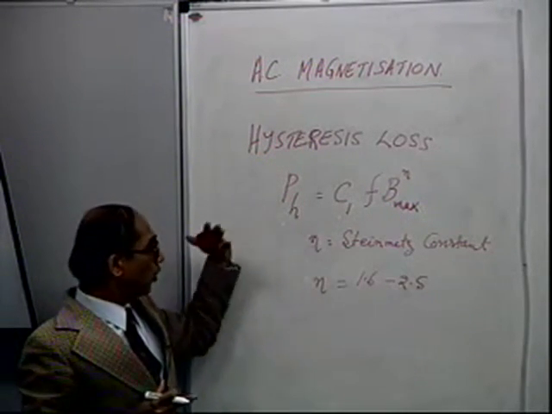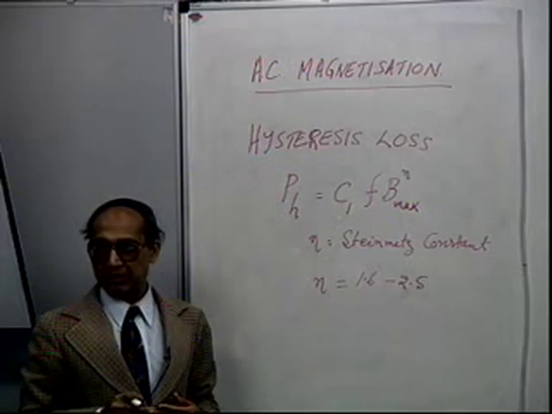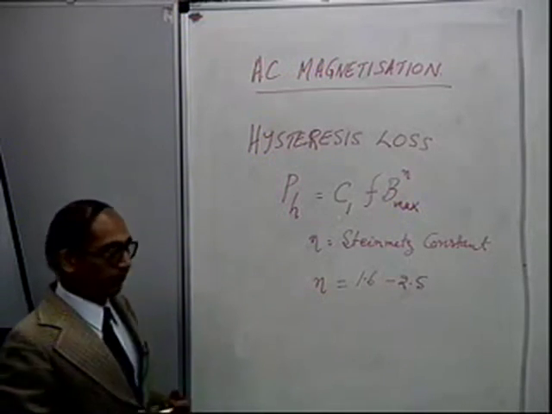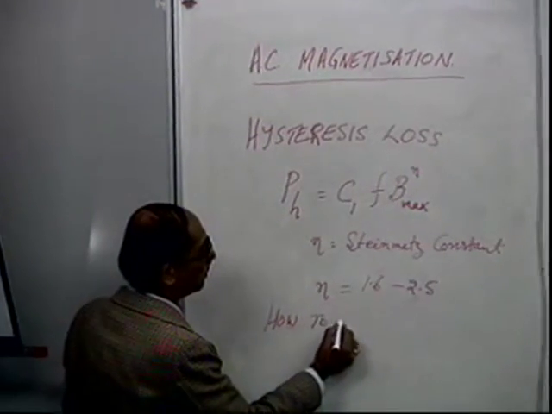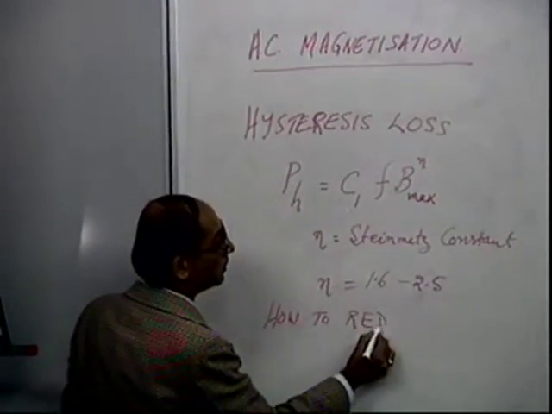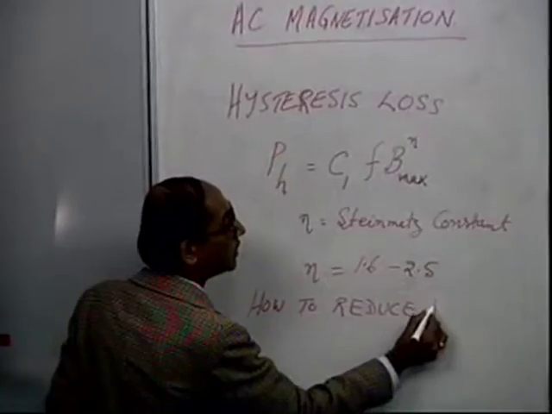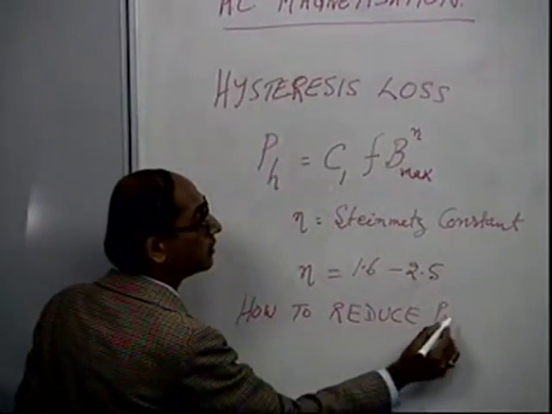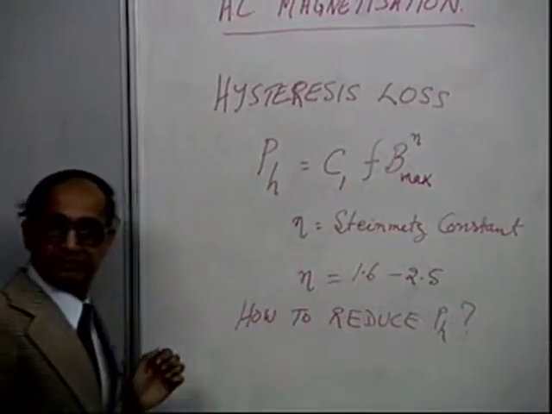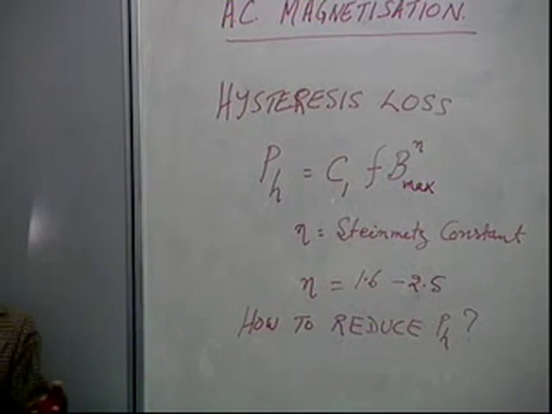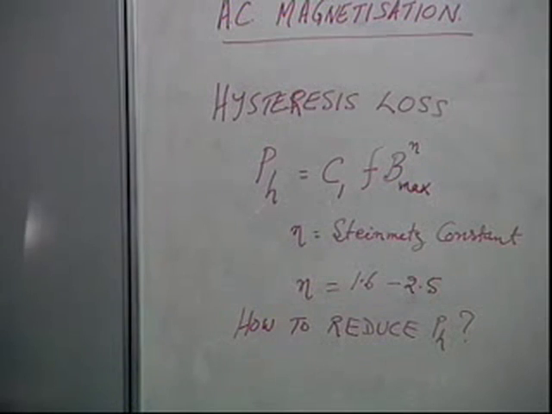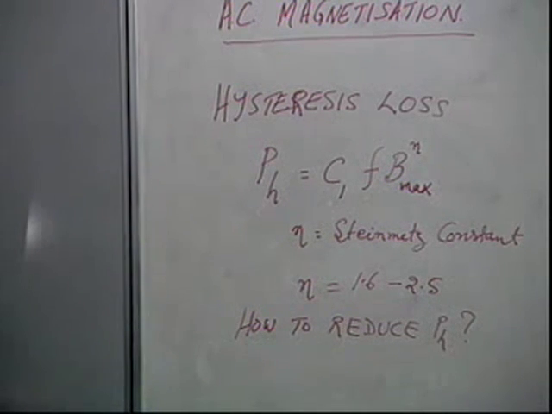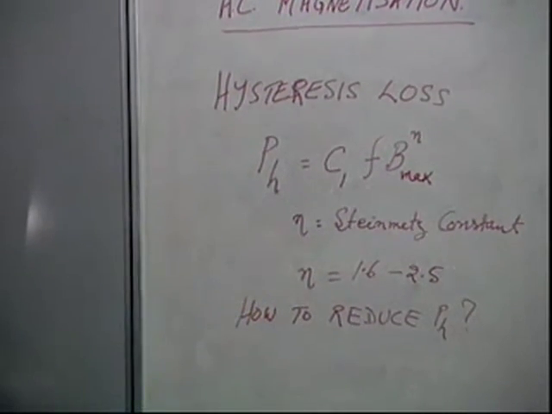So how do you reduce hysteresis loss? We must know how to reduce this loss. You have to operate at a given flux density, because the maximum flux density depends upon the maximum flux in the core, and maximum flux in the core depends upon the applied voltage.